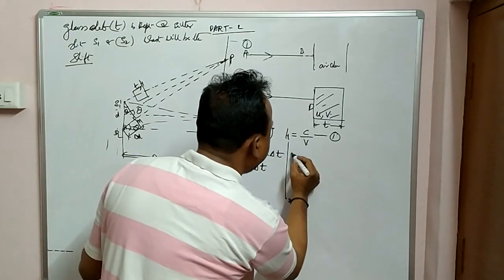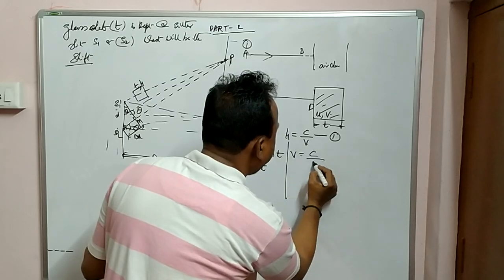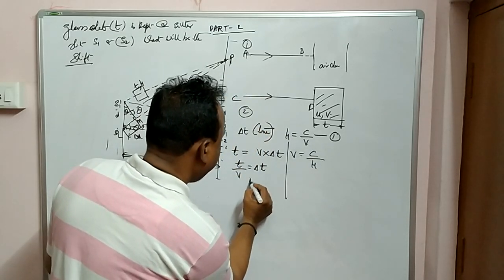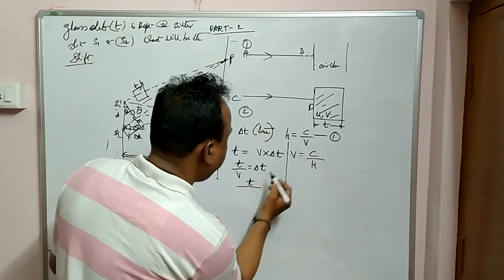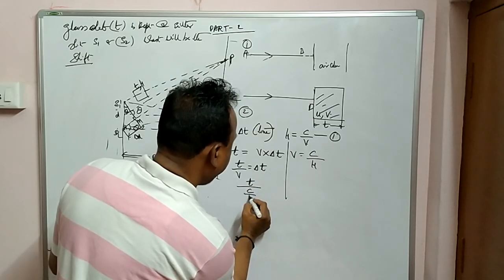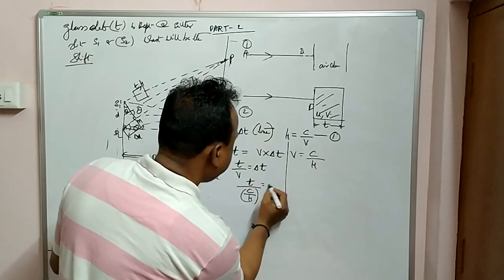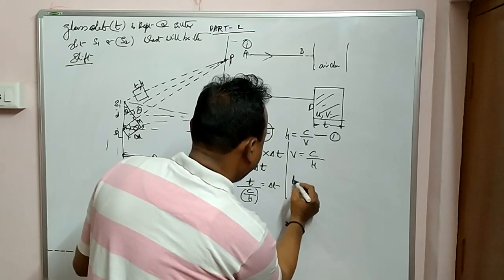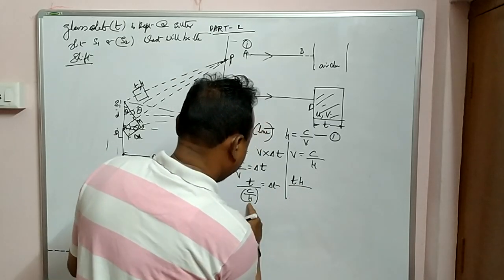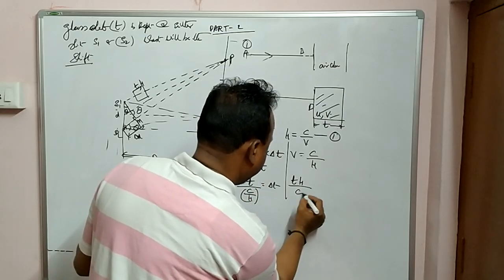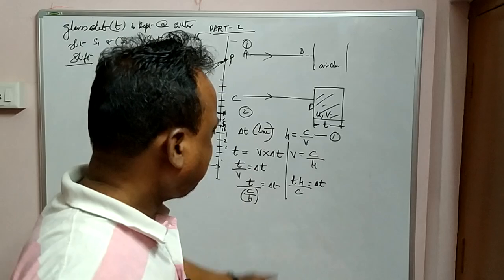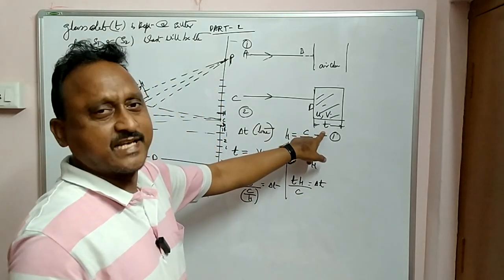V is equal to C by mu. Put it here: t by (C by mu) is equal to delta T, or t into mu by C is equal to delta T. So this is the time for the second wave.